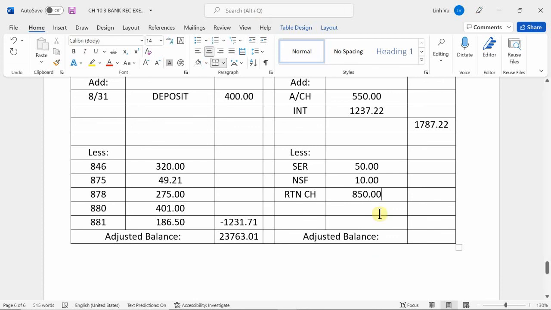So how much money do I need to subtract? So 50, 10, 60 with 850, 910.